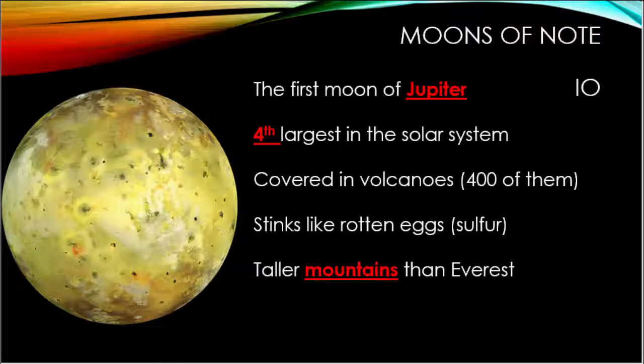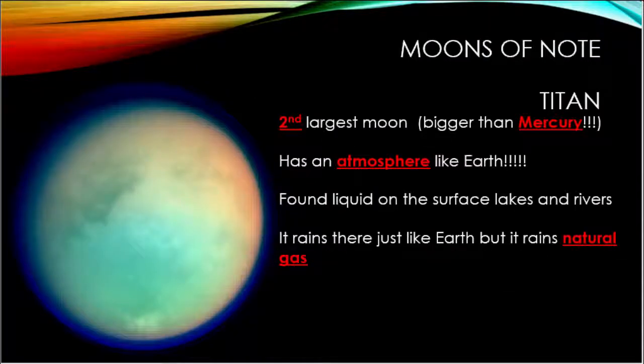Alright, next we've got Titan. So this is the second largest moon. It's actually bigger than Io, because Io is the fourth largest moon. And in fact, it's bigger than Mercury.